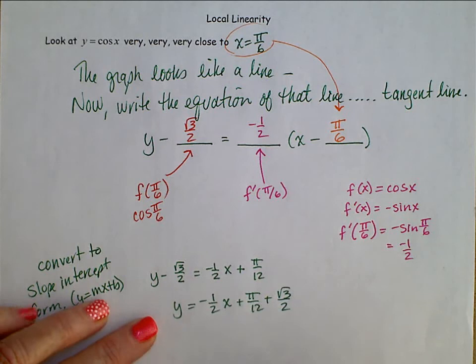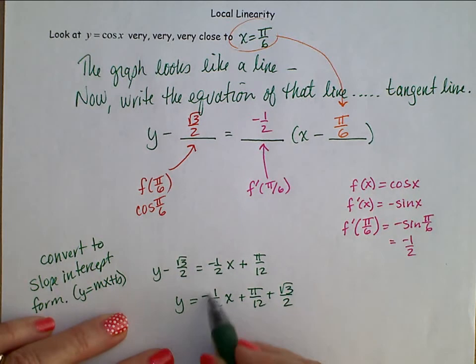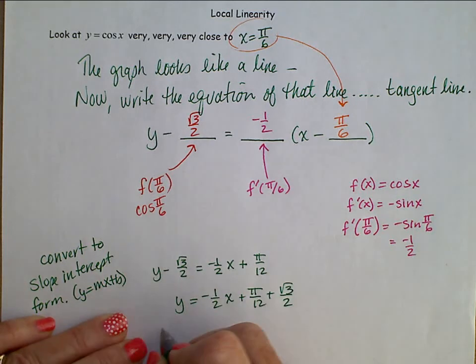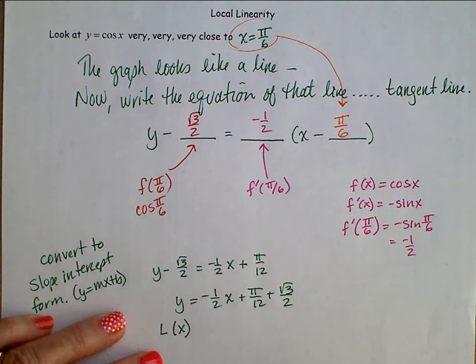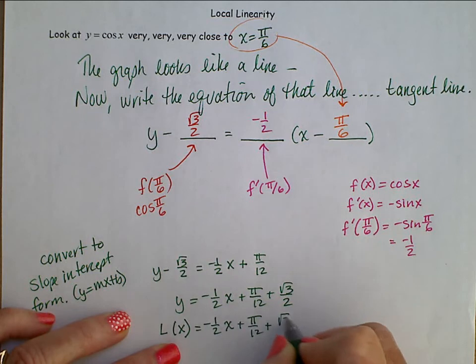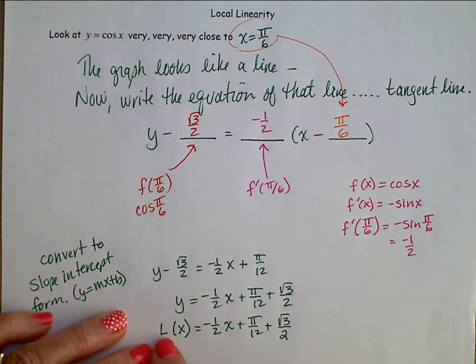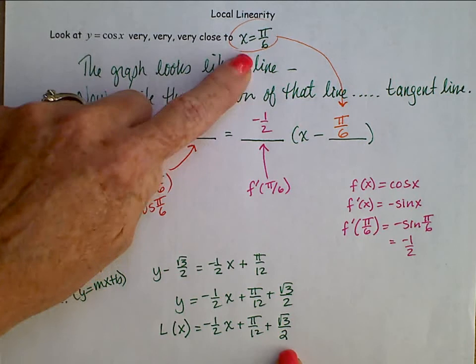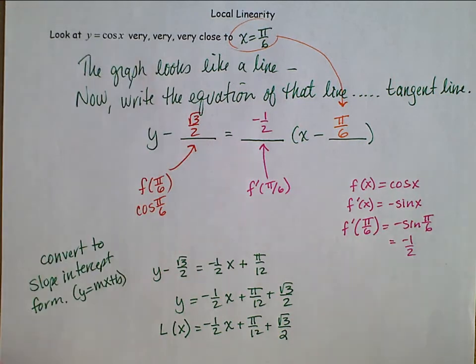All right, now once you put that tangent line into slope-intercept form, we'll call it a linearization. So let's call it L of x equals negative 1/2 x plus pi over 12 plus square root 3 over 2. That line is very close to y equals cosine x at pi over 6.